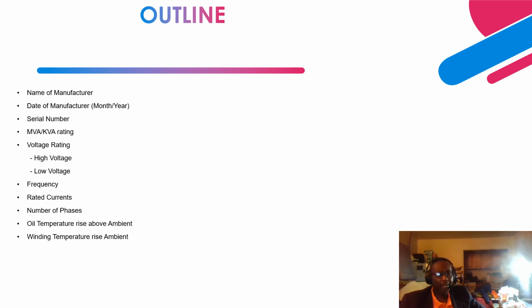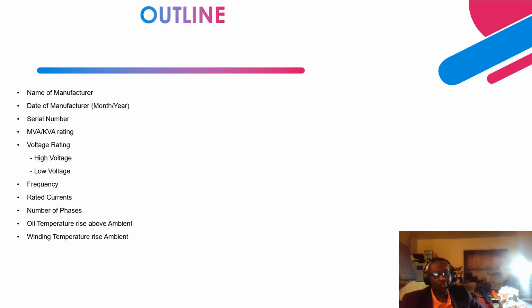Sometimes the OEM, the manufacturer of the transformers, has a subsidiary that will perform the design of the transformer, and the design documentation will be sent to the manufacturer that will manufacture the transformers.